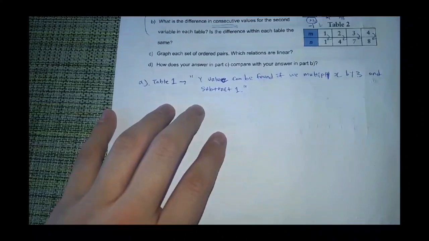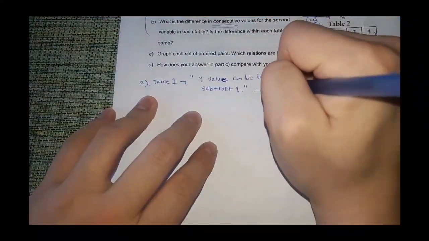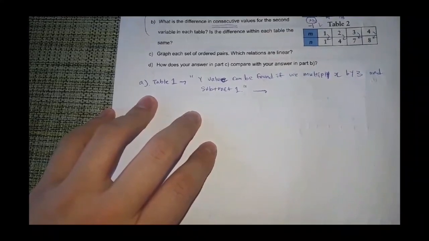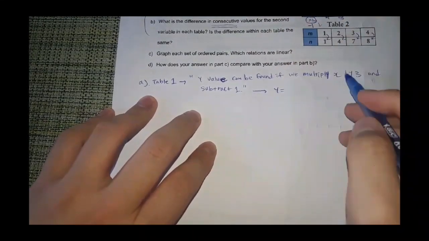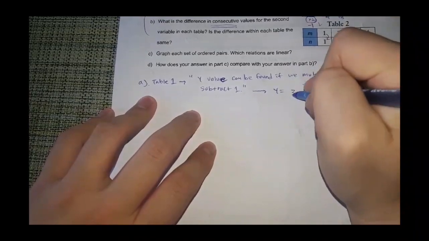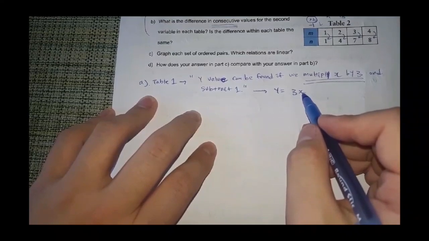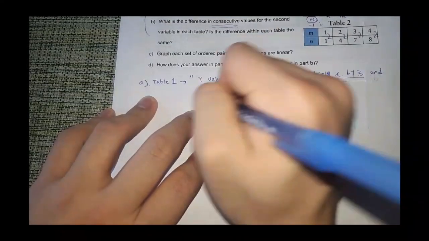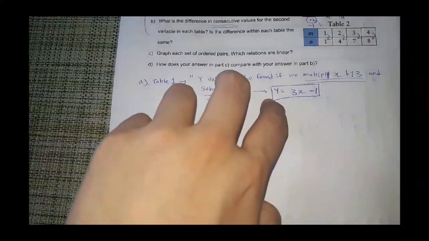That is my pattern for table number 1. If I write this down as a mathematical algebraic expression, y is equal to x multiplied by 3, so 3x. Always remember, number comes first, letter comes later. And subtract 1, 3x minus 1. That is how you can show the pattern.